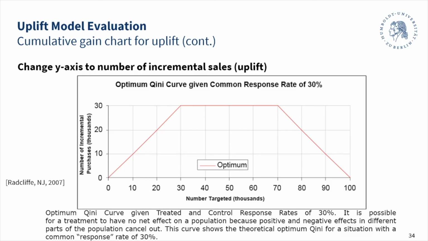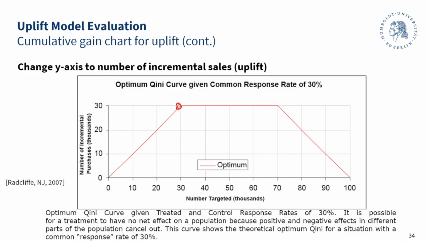Our optimal curve, first of all, rises up to the value of 30, number of incremental purchases. It's in thousands, so you have 30,000 purchases, and let's say we have 100,000 customers.